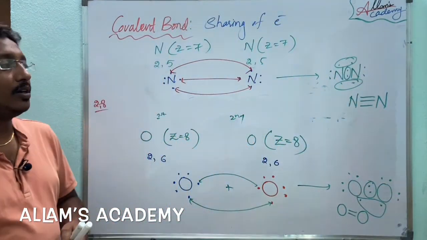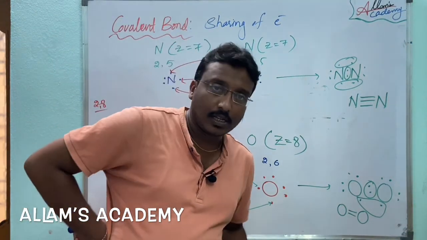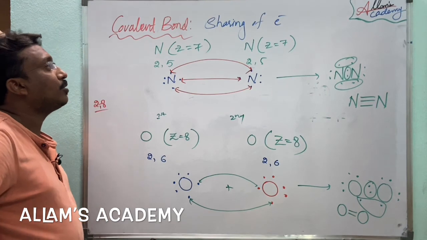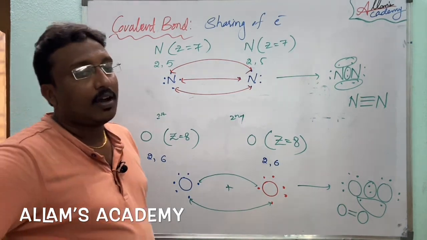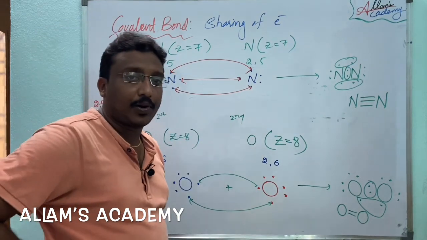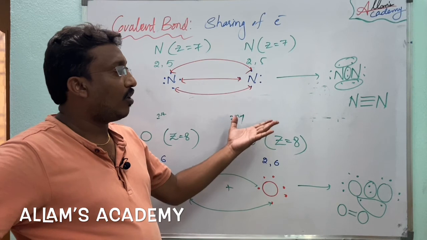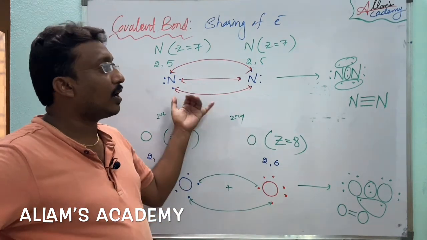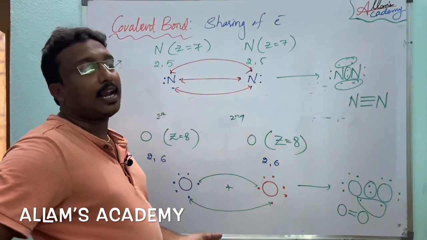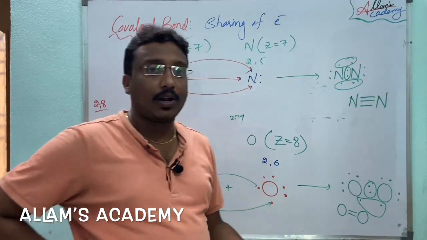Got it? So here we have discussed the sharing of electrons. Bond formation by the sharing of electrons of atoms is called a covalent bond. We discussed nitrogen, where 2 nitrogen atoms share 3 electrons from each, and oxygen, where 2 electrons from each are shared to form the oxygen molecule.